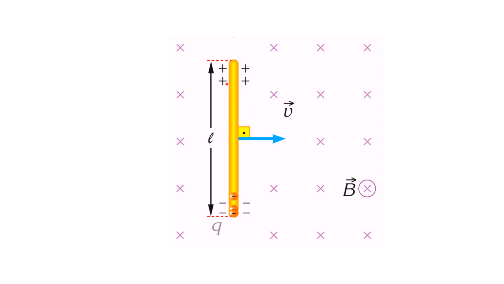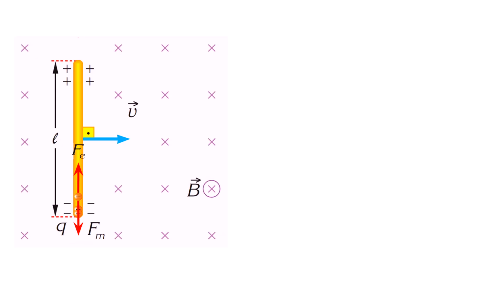And these charges feel two types of force: magnetic force from the magnetic field and the electric force from the induced electric field. The charges accumulate until the electric force exerted on each charge is balanced by the magnetic force. And by balancing forces, we can find the magnitude of the electric field.